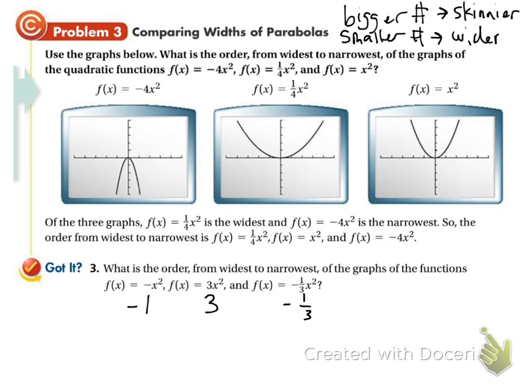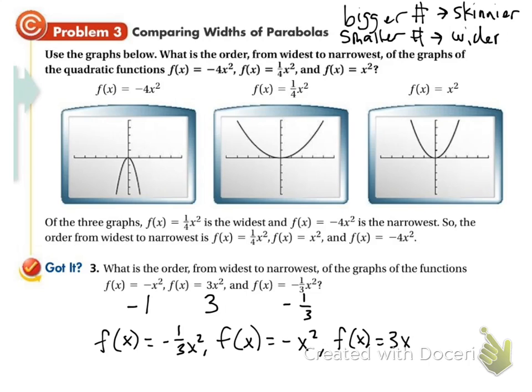The smaller the number, the wider it is. So this one's going to go first. f of x equals -1/3 x squared. Right, we're ignoring the negative part. Then 1 is the next biggest, so f of x is equal to -x squared. And lastly, f of x is equal to 3x squared.